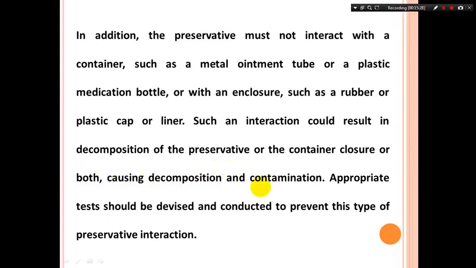So it is important to study the compatibility between the formulative materials and the containers of the dosage form.